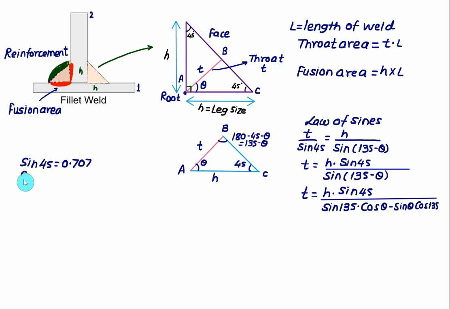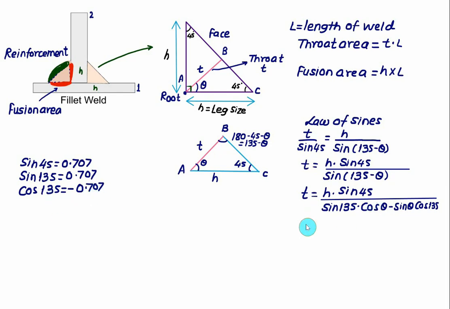Sine of 135 is also equal to 0.707, and cos of 135 is negative 0.707.